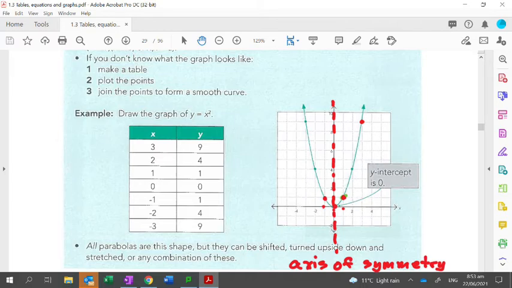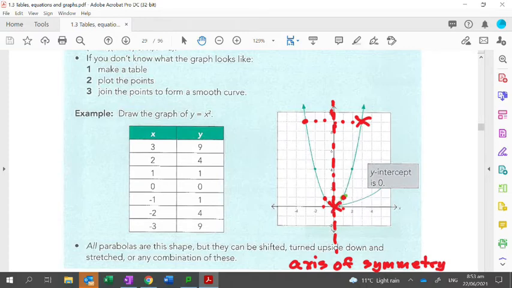Doesn't matter if it's opening up or down. And every point on this side is the same distance from the axis of symmetry as the matching point on the other side. And that's what I mean by counting being really easy. So, axis of symmetry here. So 1, 2, 3. So that's 3 units away from the axis of symmetry on that side, which means it has to be 3 on this side. So if I know this one point, and I know the vertex, I can graph a parabola.